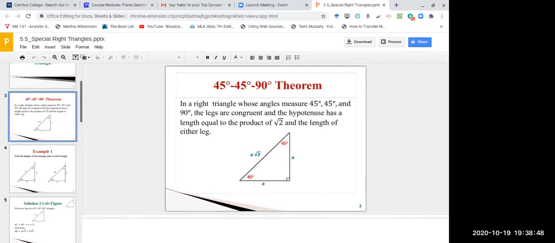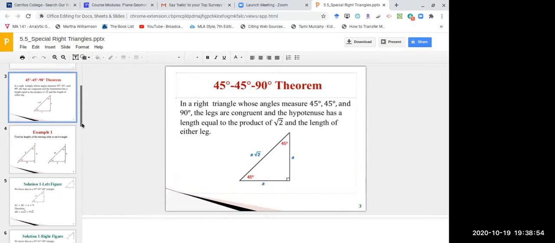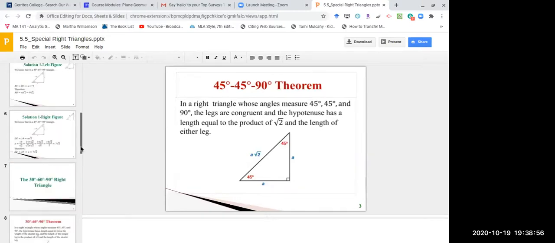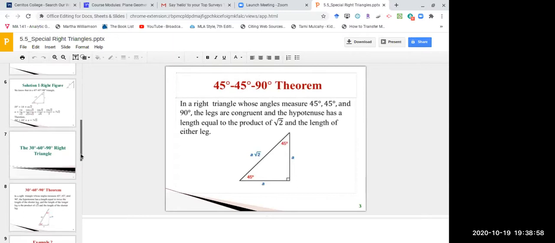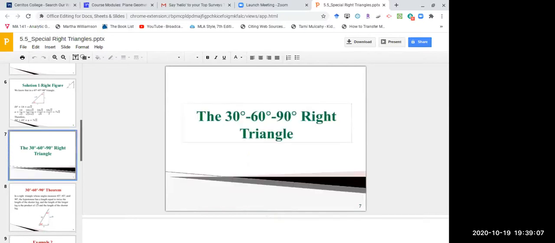So make sure that you go over that. And also, let's look at the 30-60-90 right triangle that is talking about those relationships. So let me show you that.